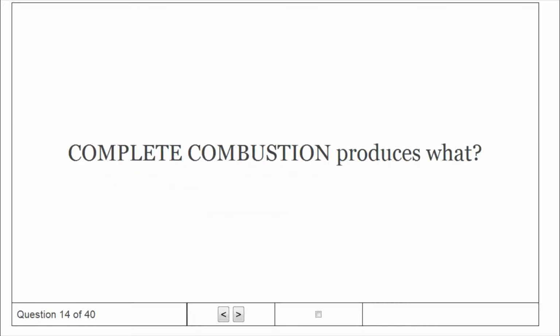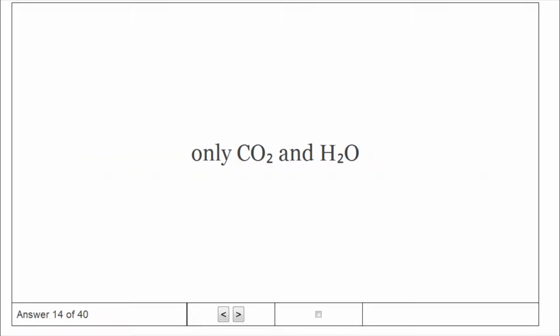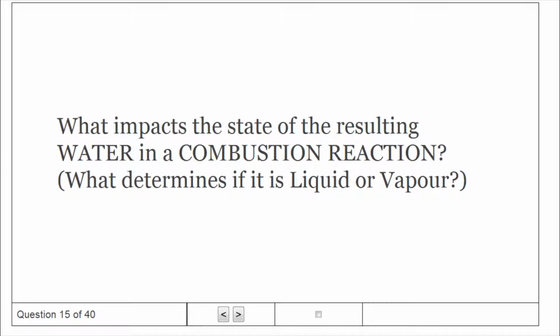Complete combustion produces what? Only CO2 and H2O. What impacts the state of the resulting water in a combustion reaction?